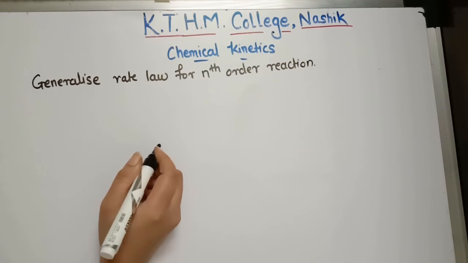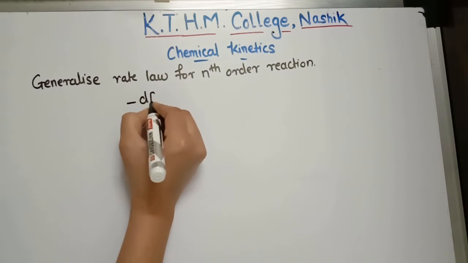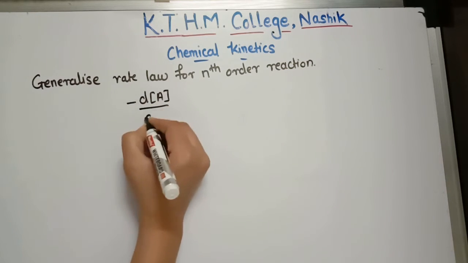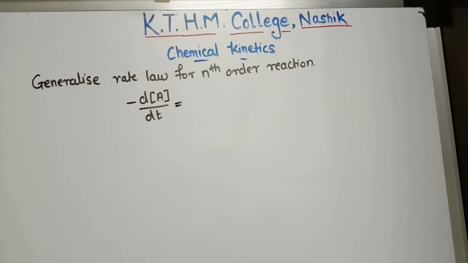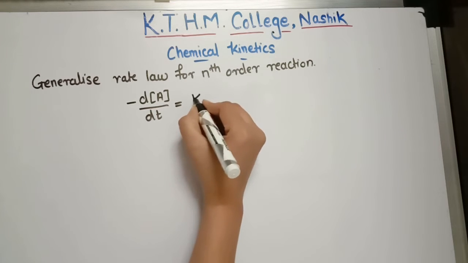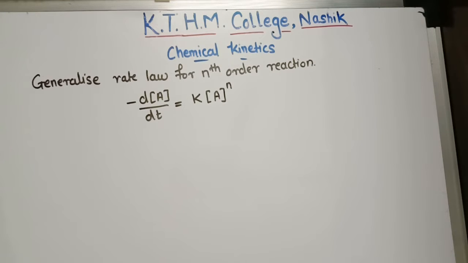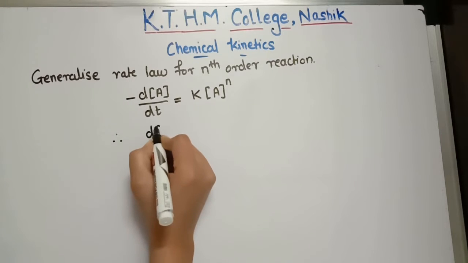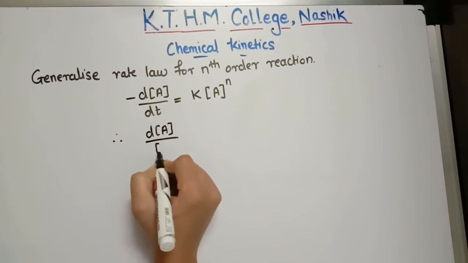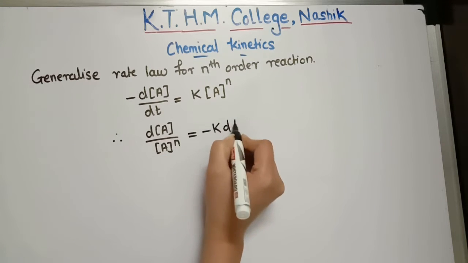So for the nth order reaction, minus dA upon dt, that is change in the concentration of reactant with respect to time, will be equal to k into A raised to n. Why n? We are studying for the nth order reaction. So therefore dA upon A raised to n is equal to minus k dt.